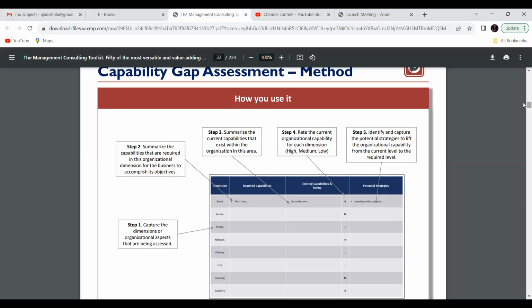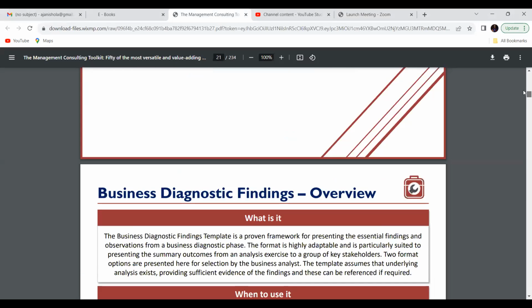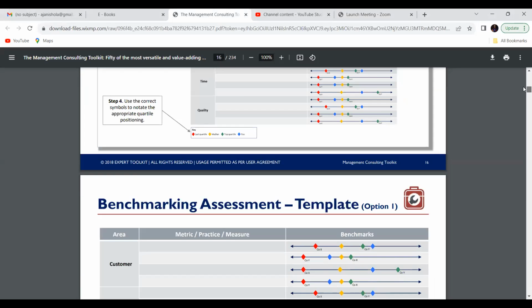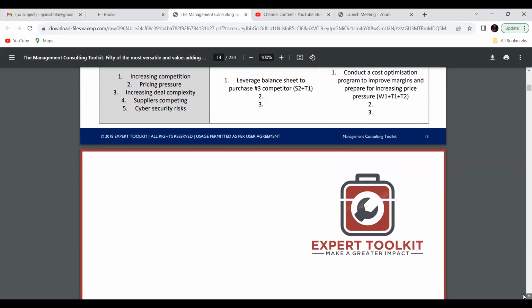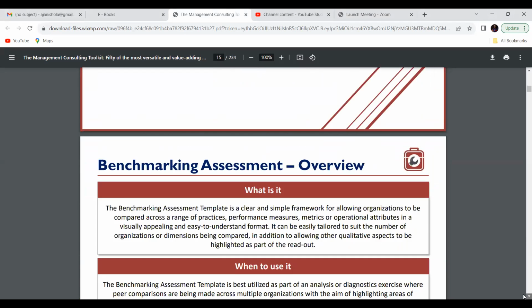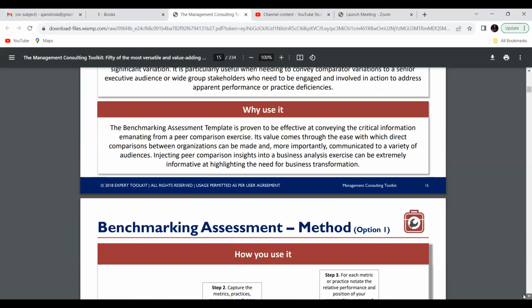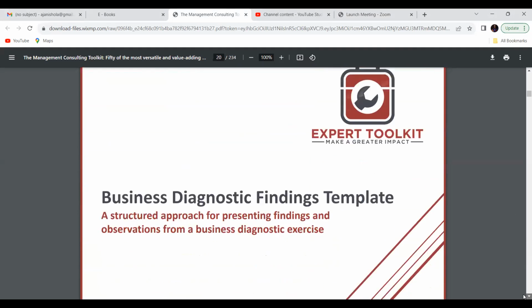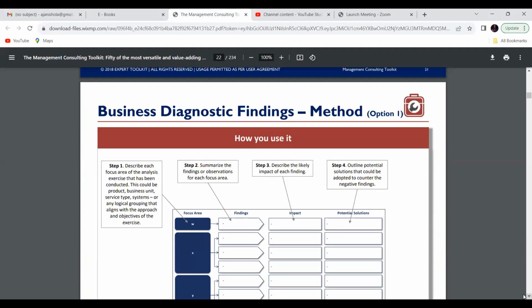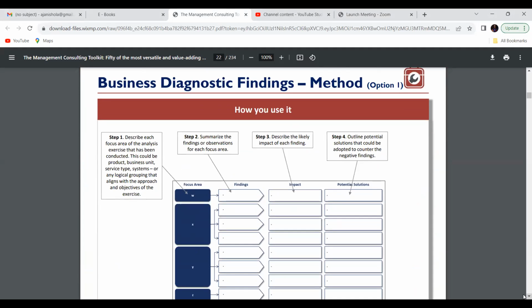Just trying to get the exact page. Just a minute, please. Yep, that's it. Okay, so this is a template and it has several dimensions. It's called the business diagnostic findings template.